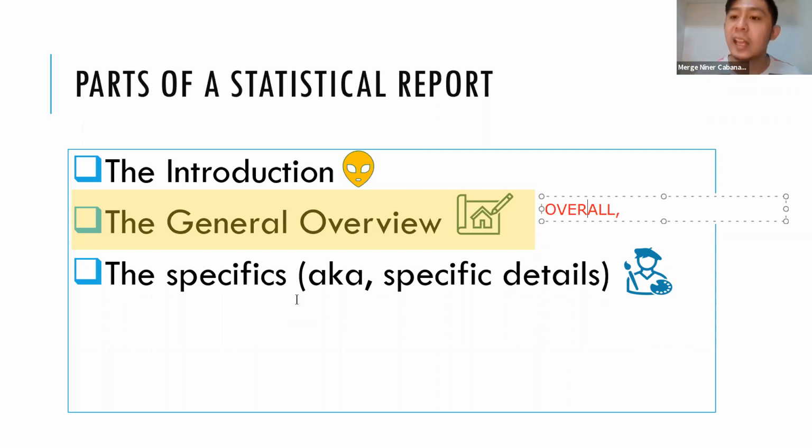Your specific detail is a minimum of 2 and a maximum of 3. So since you already have an introduction and a general overview, you put those 2 to 3 paragraphs together, your task should be a minimum of 4 and a maximum of 5 paragraphs. Academic, do I need to repeat myself again?